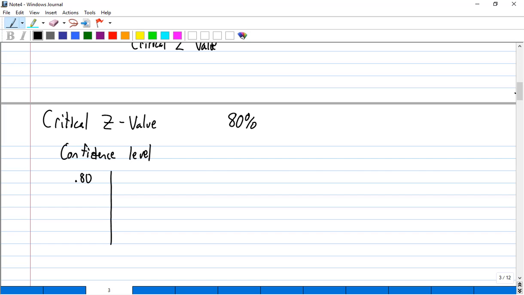Let's see if I can find a table. So you're going to need your z-score table. So go ahead and pull that out if you don't have it. I apologize, this is taking me a second to pull up.